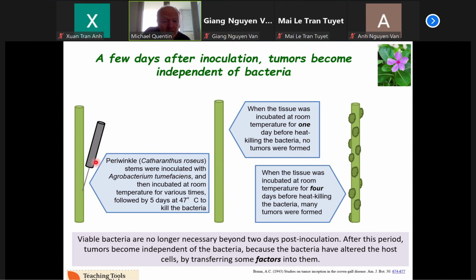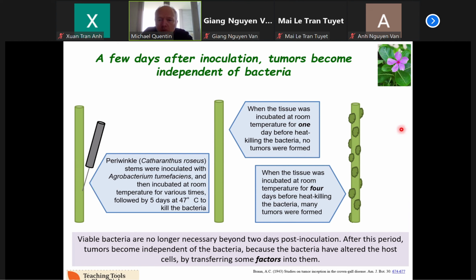If you inoculate this plant with Agrobacterium and then grow it for 5 days at 47 degrees, you heat the tissue to kill the bacteria, still galls will be able to develop on the stem. On the opposite, if you heat the stem to kill the bacteria only 1 day after inoculation, you will not have formation of galls.